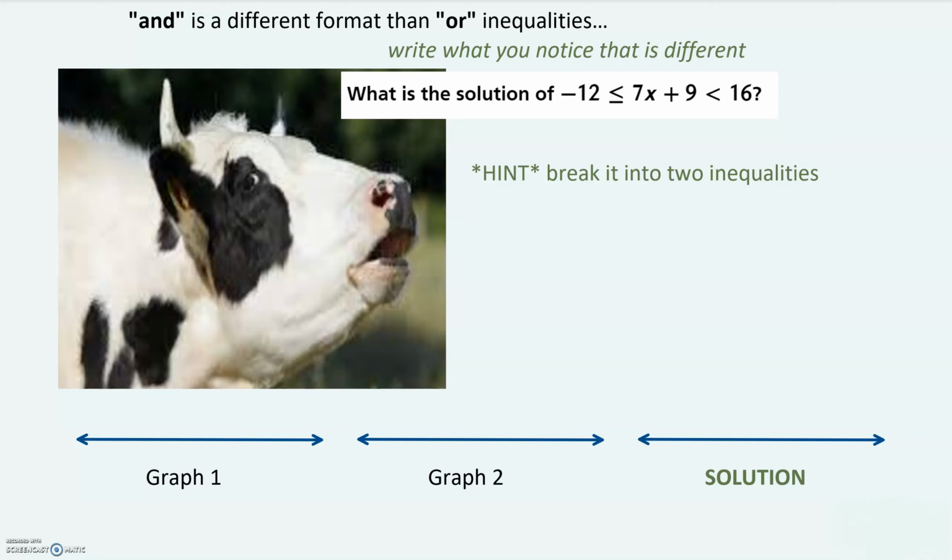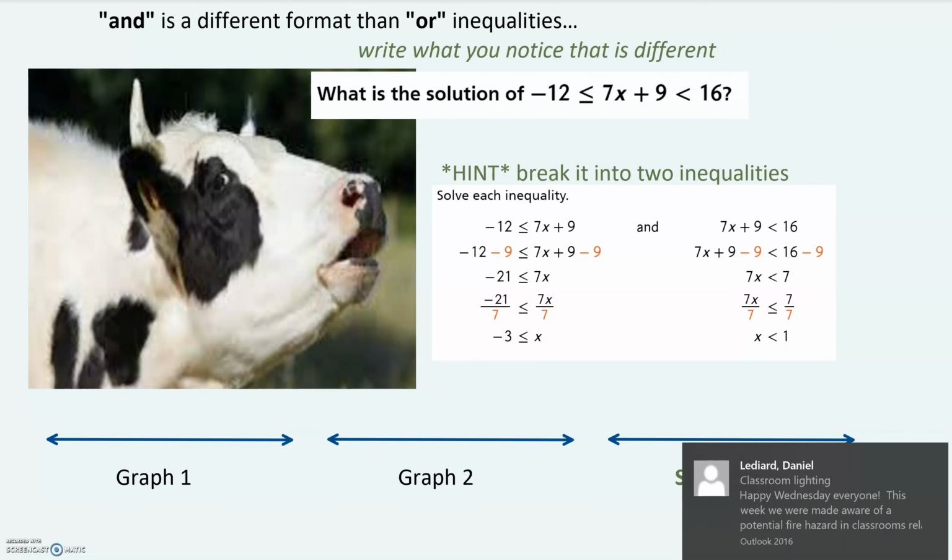When you are done with that, you are then going to try to find the solution of what x values can be to make this compound inequality true. The hint here is to break this into two inequalities. So please pause your video, write what you notice that is different, and try to solve for the value of x.